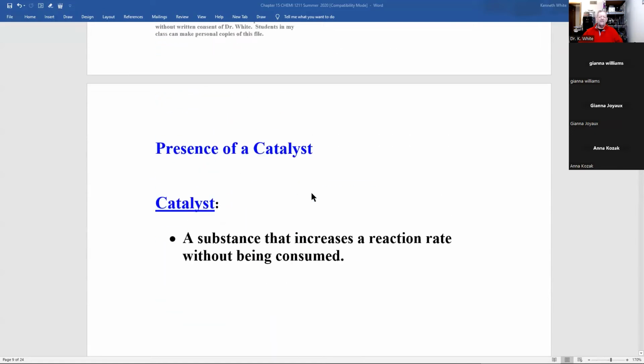Now, the last thing I'll talk about, what can make a reaction go faster, is a catalyst. And you should know this. You should know the definition of a catalyst.